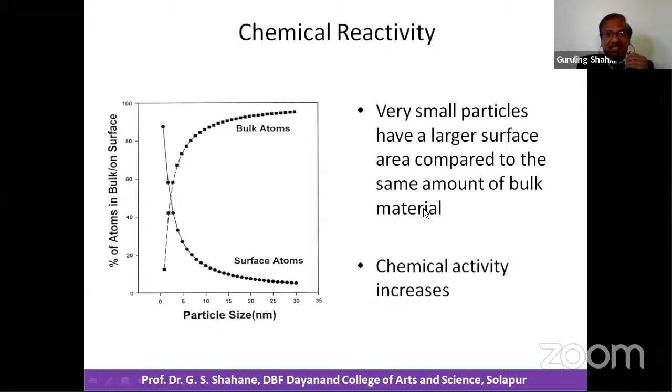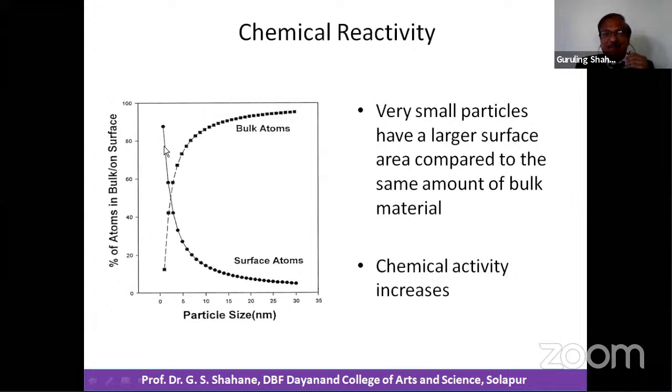Look at some examples. Say, chemical reactivity. Note that chemical reactivity depends upon the number of chemically active atoms on the surface. If we plot the graph, percentage of the bulk atoms and percentage of the surface atoms as a function of particle size, you will see that as the size of the particle reduces, the percentage of bulk atoms decreases, whereas the percentage of surface atoms increases.